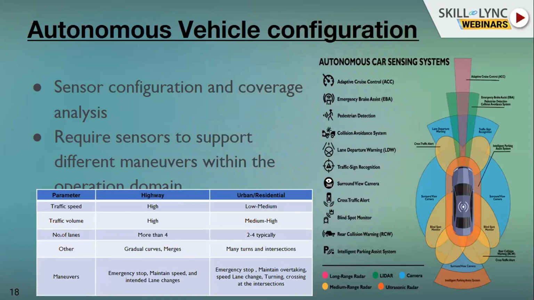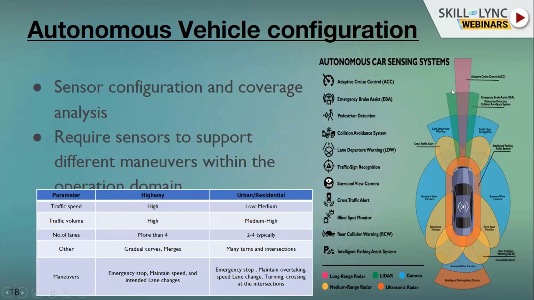First, suppose you want to check the normal lane change. To get the normal lane change, we need to first perceive the environment in the longitudinal direction, and even the neighbor lane vehicles and rear side vehicles also. Because during the lane change, what will happen if another vehicle suddenly comes into that lane? It will crash, right? We have to analyze all the situations. For the normal lane change, actually we don't need to assess dynamic objects at a greater distance. For those cases, we'll use the short range radar.